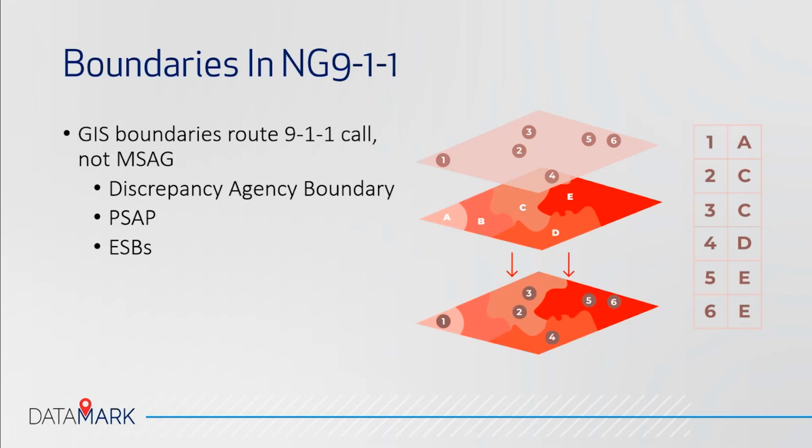And so what's going to happen is the geospatial location is going to come in from that 911 call on a mobile device, and it's going to basically drop a pin wherever that call is identified within the PSAP boundary, and it's going to route to the appropriate PSAP. So that's very different than how call routing is accomplished today through the MSAG and ALI tables, and that's why it's so important that we have the GIS data at a level of accuracy and completeness that it should have.